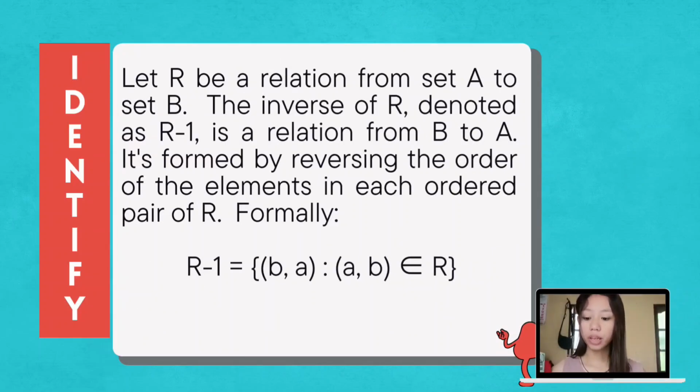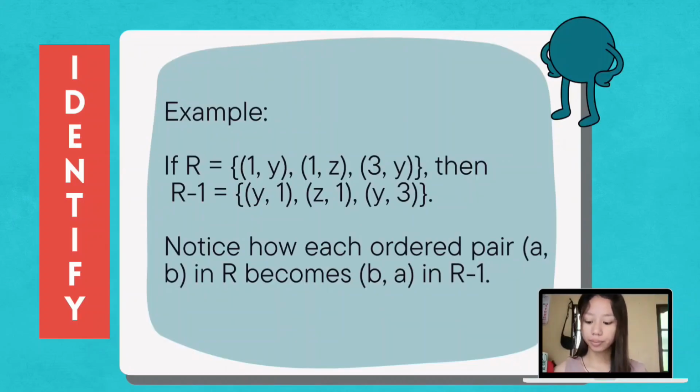Let R be a relation from set A to set B. The inverse relation of R, denoted as R minus 1 or R raised to the power of negative 1, is a relation from B to A. It is formed by reversing the order of the elements in each ordered pair of R. Formally, R inverse is equal to the set of ordered pairs (B,A) such that (A,B) is an element of R. So here is the example.